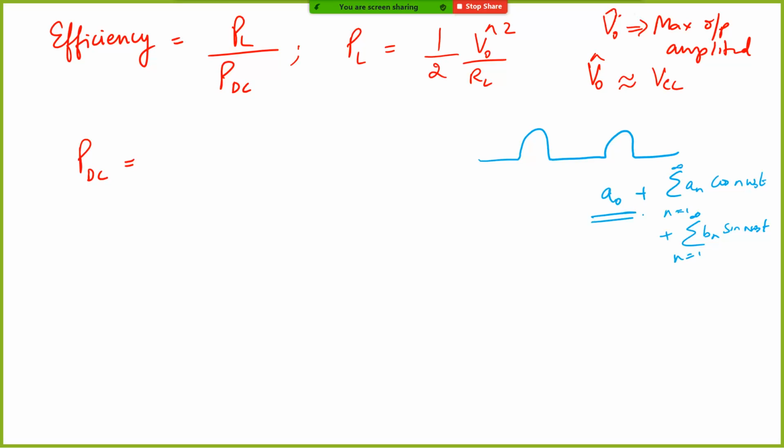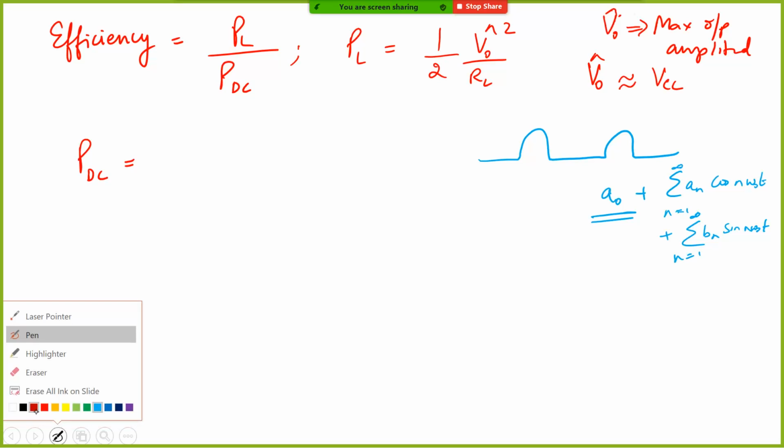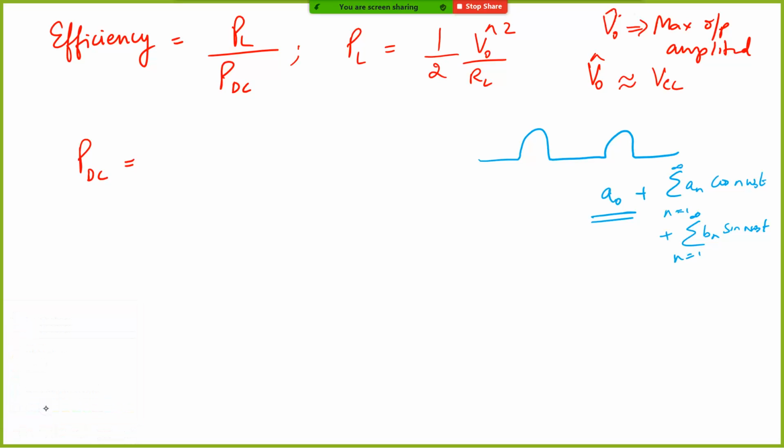If you do the Fourier expansion, this A naught component will be 1 over pi times VCC by RL. The current waveform peak is VCC by RL.